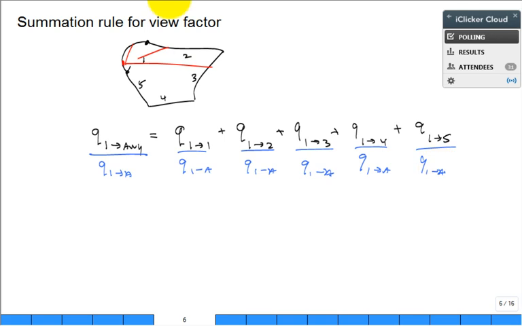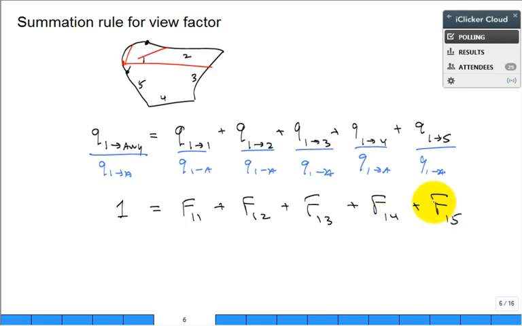Sure. And then what is this? 1. That's just 1. What is this? The view factor from 1 to 1. What's that term? The view factor from 1 to 2. What's this term? View factor from 1 to 3. What's that term? The view factor from 1 to 4. And the view factor from 1 to 5. Again, I'm assuming all of these are diffuse emitters.